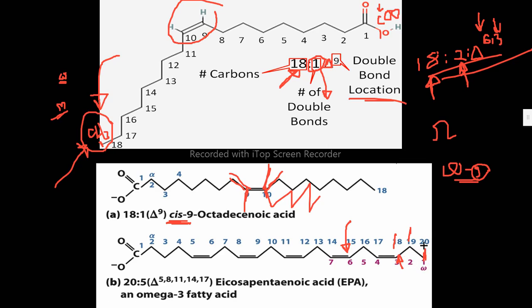Now that one opposes the IUPAC, because in IUPAC, when counting carbon 1, 2, 3, 4, we consider the functional group, and this one therefore becomes carbon 1. But if you say omega 3 fatty acid, it means that the very first double bond is on carbon number 3 with respect to the omega carbon.